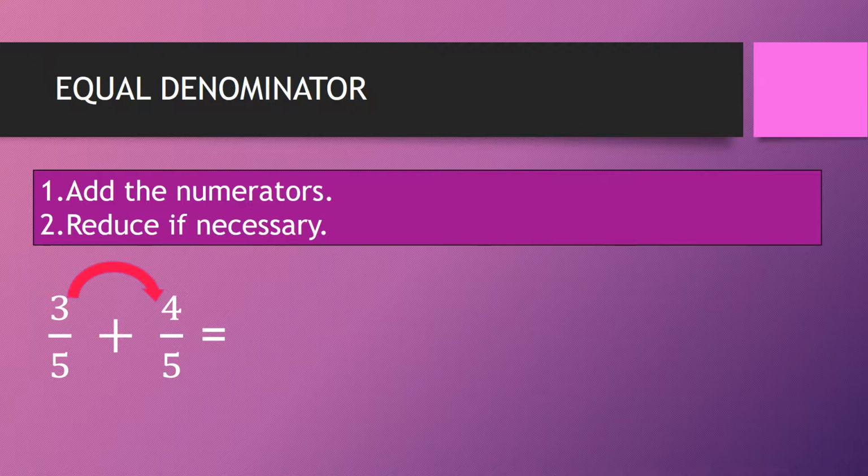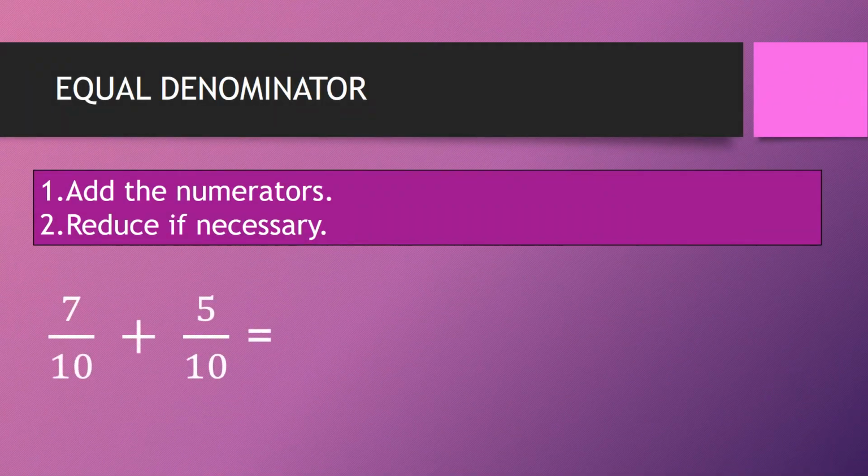You add the numerators, 3 plus 4, and you keep the same denominator. And 3 plus 4 is 7 over 5. You see, 7 and 5 don't have common factors. Now the second step, you reduce if necessary. Now the final answer in this example is 7 over 5.